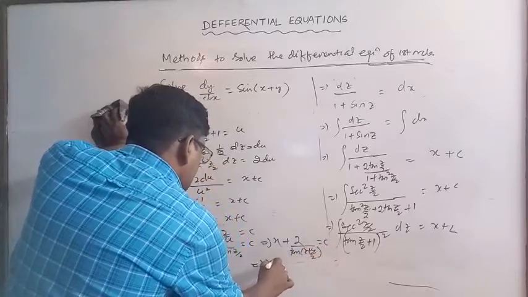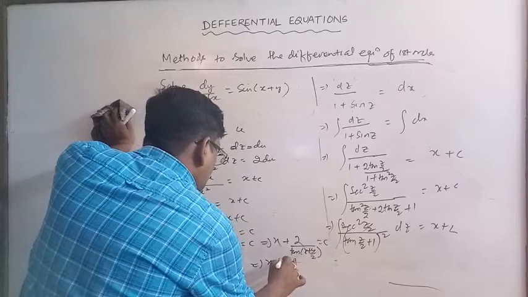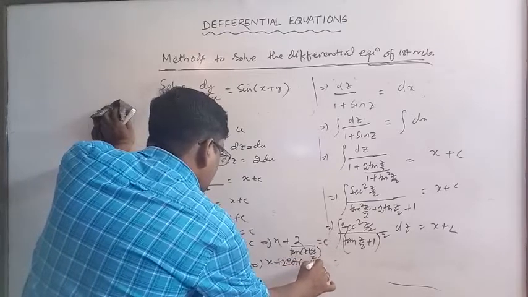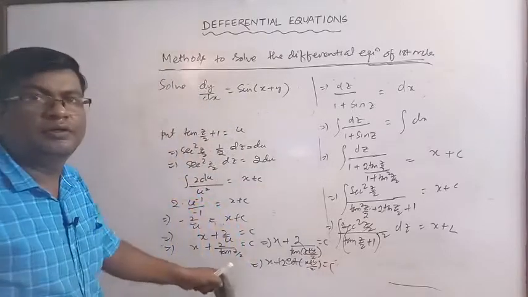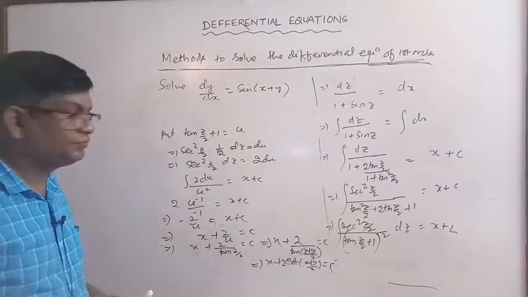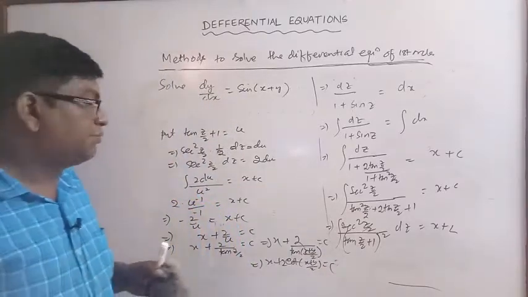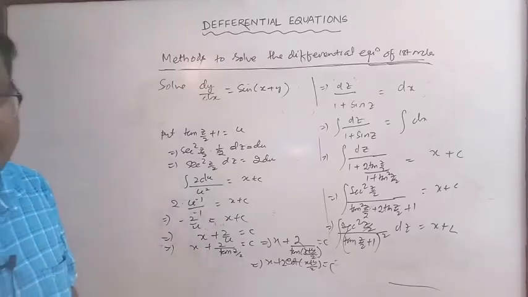That implies x plus 2 cot of x plus y by 2 is equal to c. This is the special type of the first order differential equation.